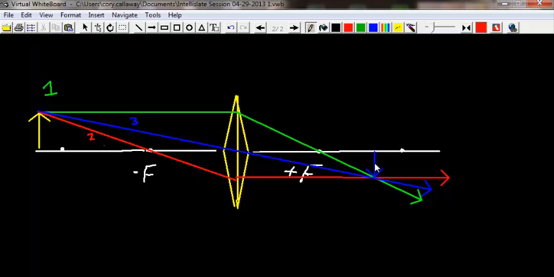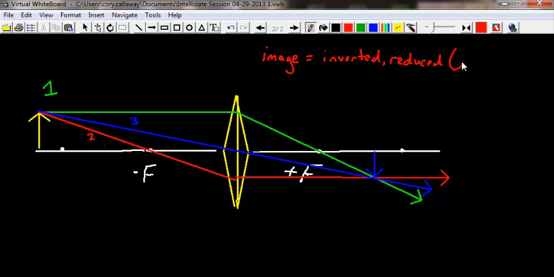Okay, now one of the things we notice is that it's inverted. So that's one part we know. We know that the image is inverted. I'm just going to say that the image is, first off, inverted. It's upside down. Secondly, if you look at the size of this compared to that, we know it's reduced or smaller.